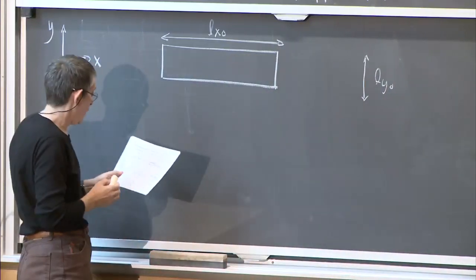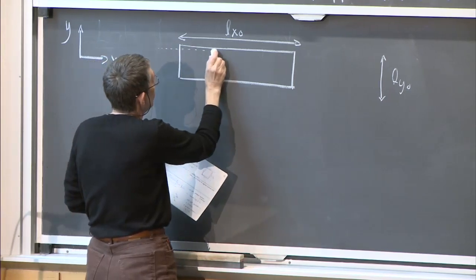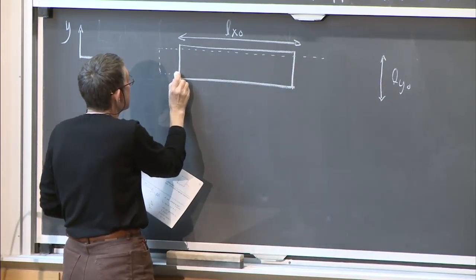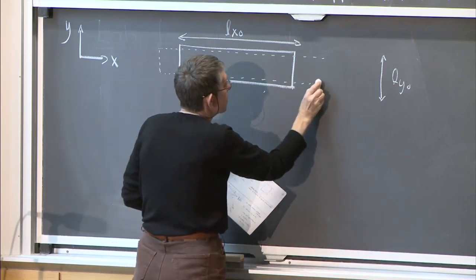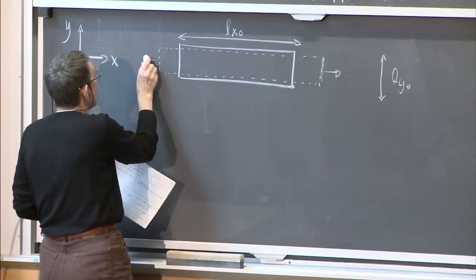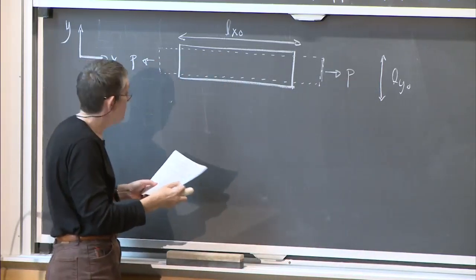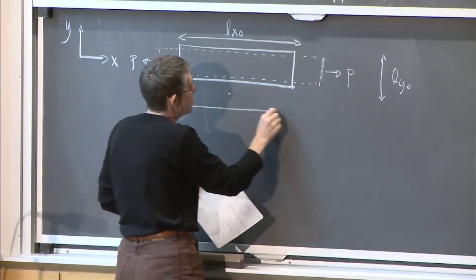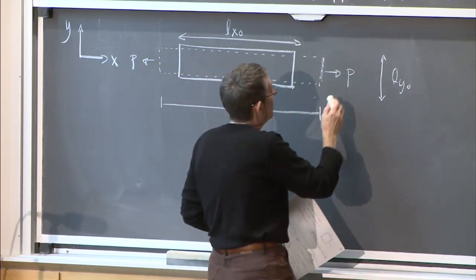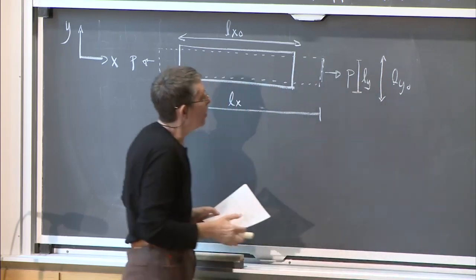Okay. And now when I pull on my bar, it's going to get a little longer and a little narrower. Say I pull on it with some load P, like that. And now the new length is going to be Lx, and this new width here is going to be Ly. Okay?